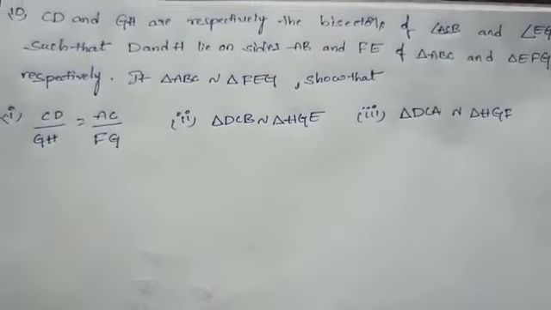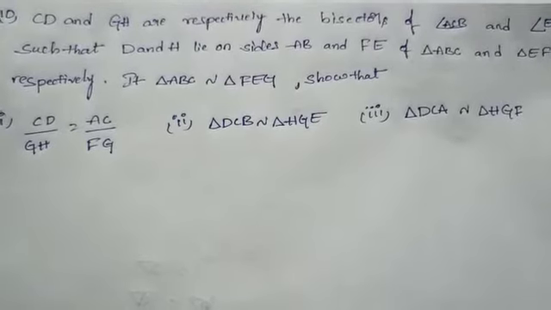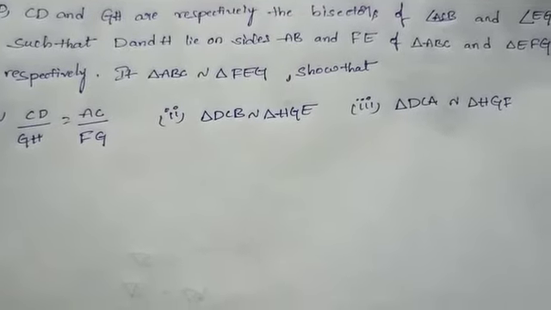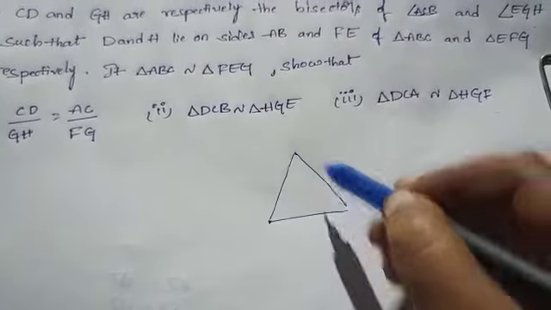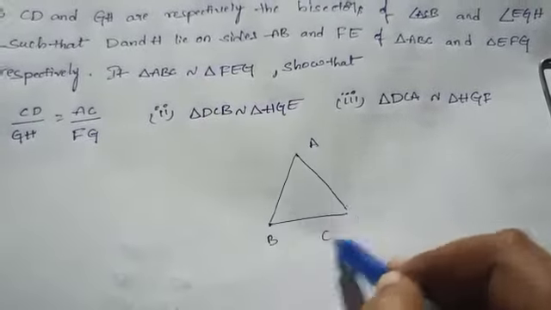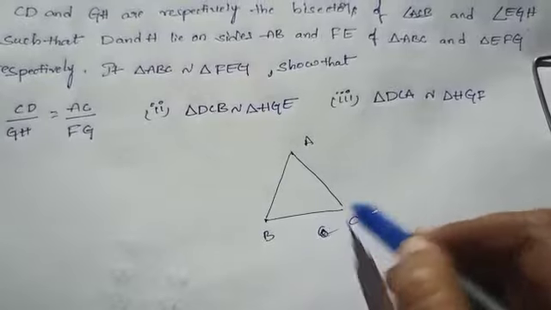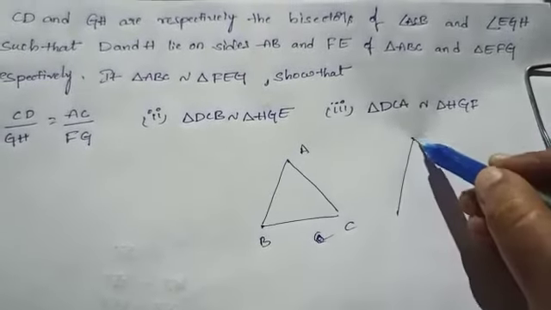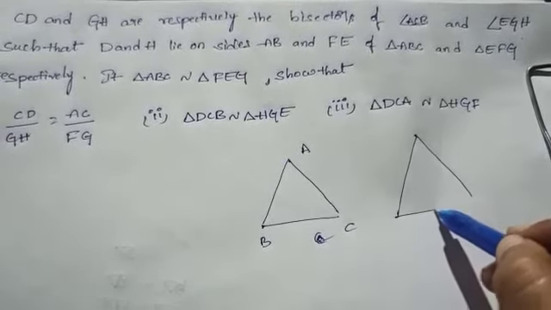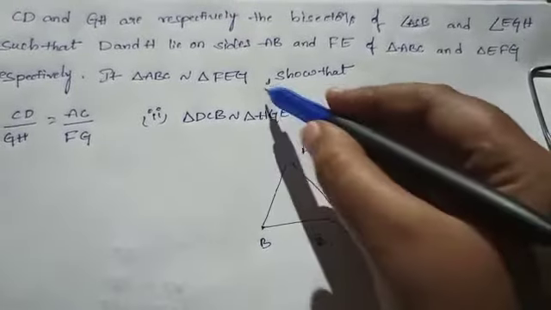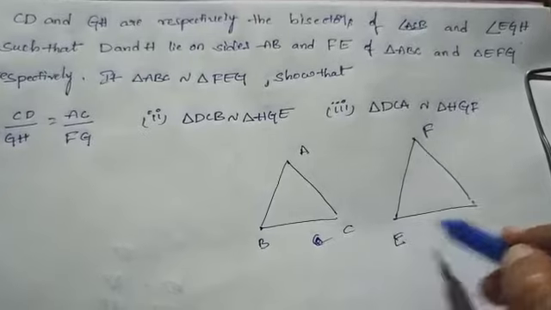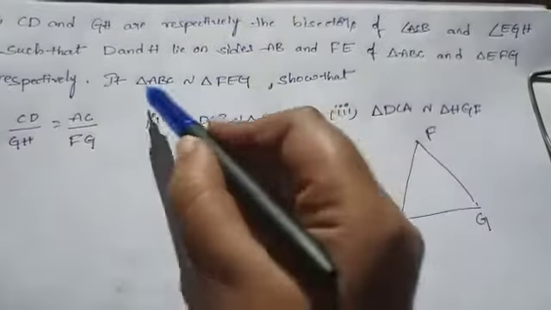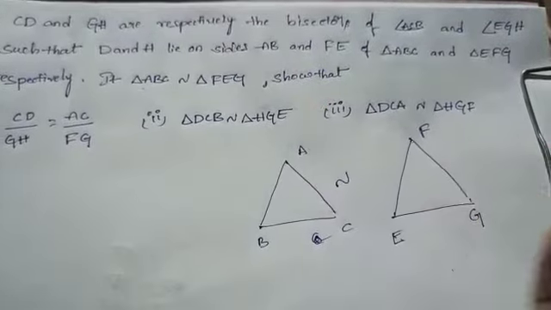Okay. First, let's take the triangles ABC and FEG. This is triangle ABC, and this is triangle FEG. Here given these two triangles are similar.